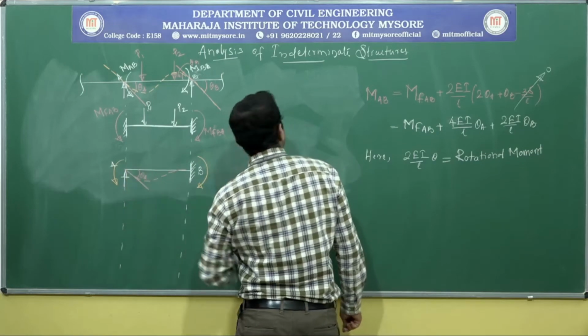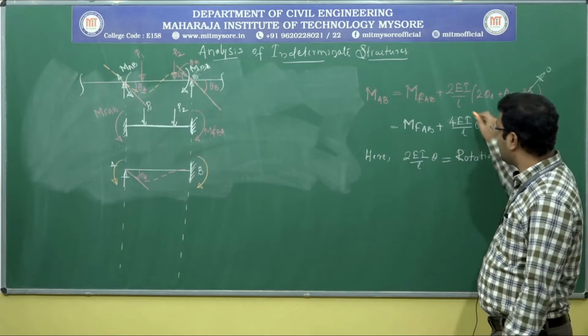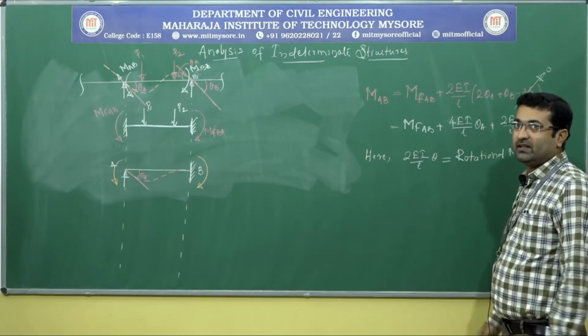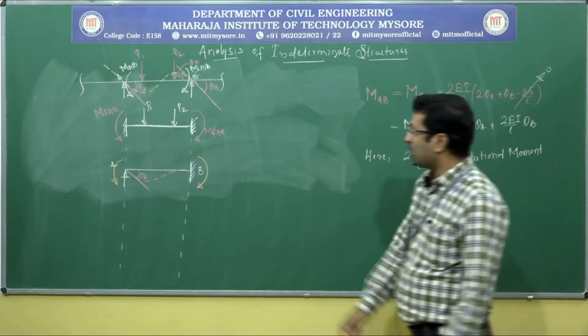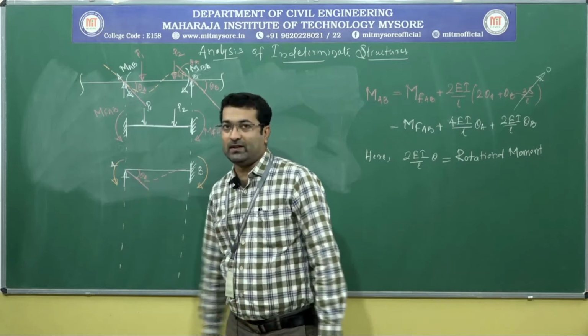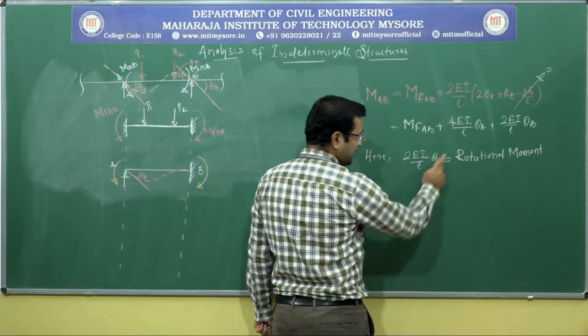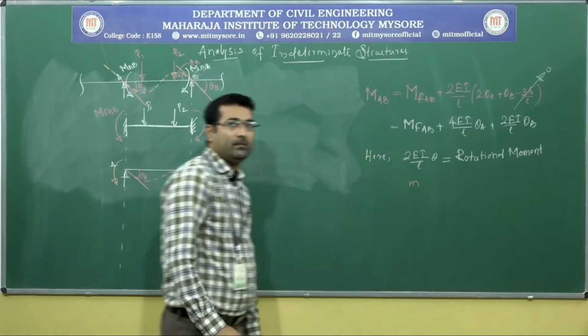Here the moment is 4EI by L into theta A. That is the moment developing at the end A because of the rotation at the same point A. Let me call this rotational moment as small m.